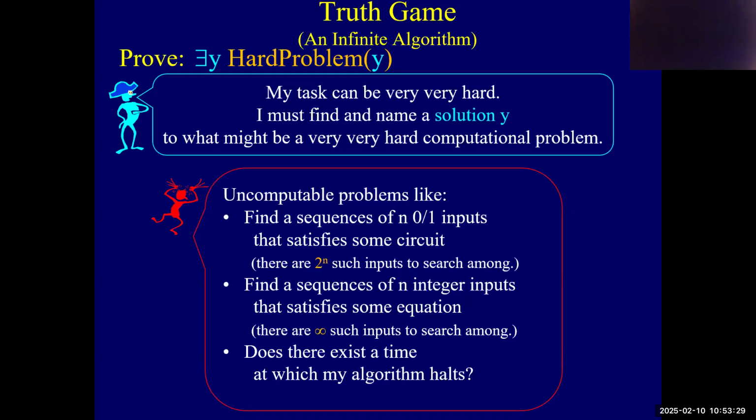You give me a Turing machine, and I want to know, does there exist a time in which it halts? Well, one way to prove that is you try all various times. You run it. Does it halt in 2 steps, 3 steps, 4 steps? And there are an infinite number. So there is an exponential time algorithm for this, but there are no algorithms for these that run in finite time. You have to try all x's.